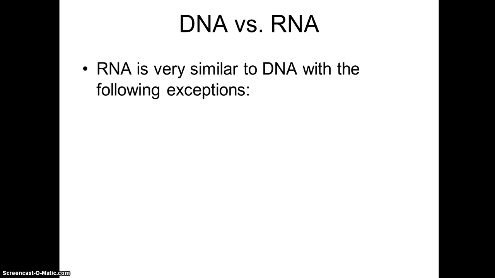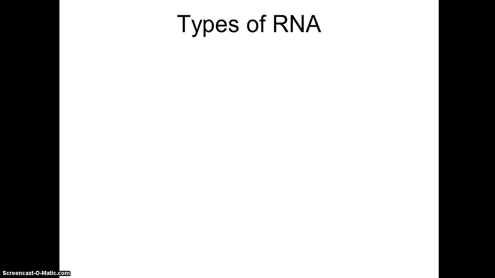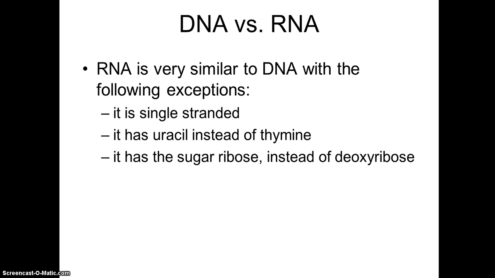And I know we already talked about this, but RNA is very similar to DNA, and there's three main exceptions. Number one, RNA is single-stranded. That makes it a lot more fragile, so its lifespan is not nearly as long as DNA. We find DNA evidence in fossils and crime scenes and things like that. We never find RNA evidence because RNA breaks down a lot easier because it's only a single strand.